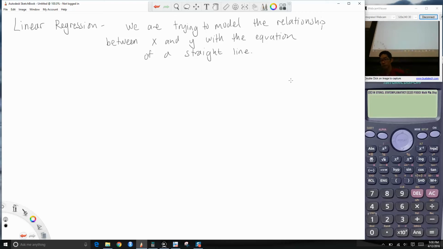Okay, and so of course this only makes sense if the relationship is linear. So it only works for linear relationships.